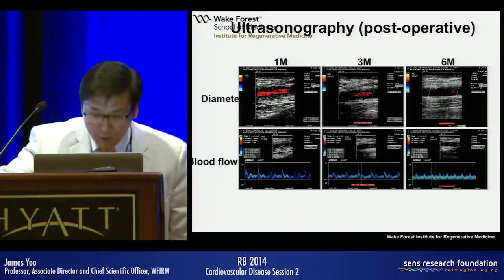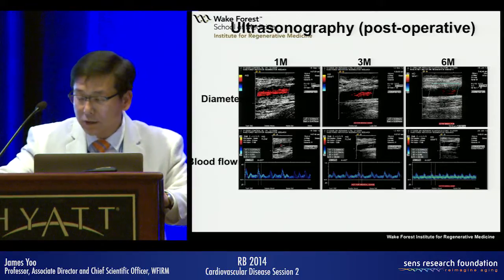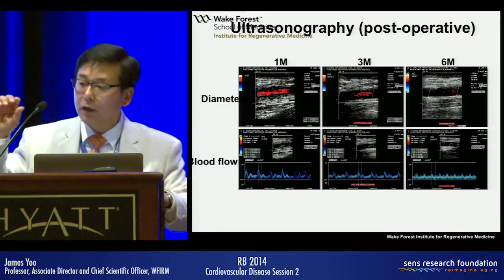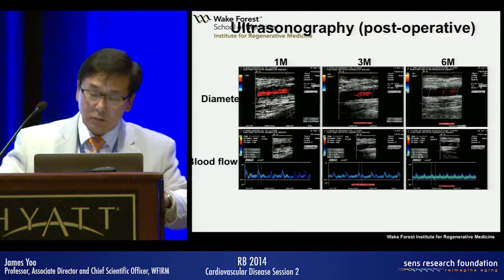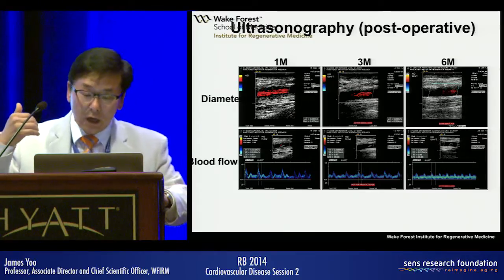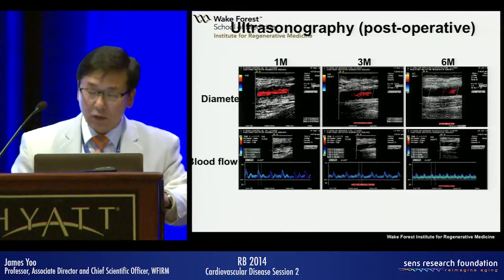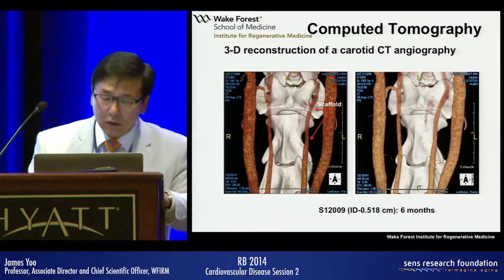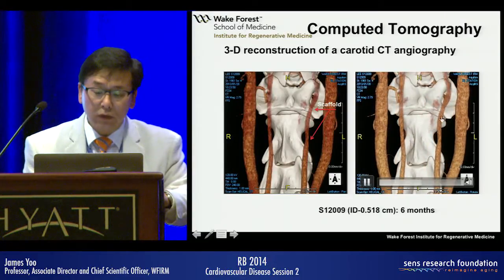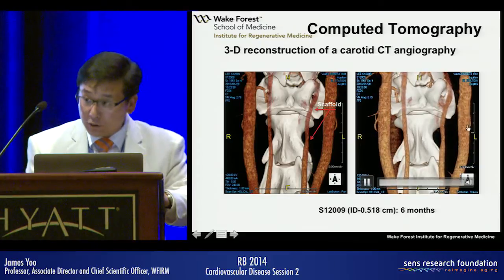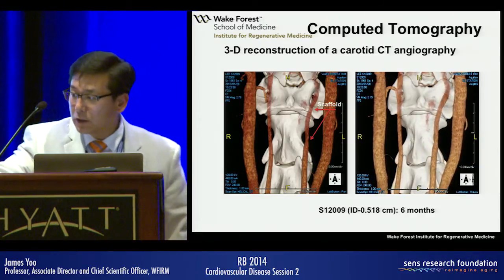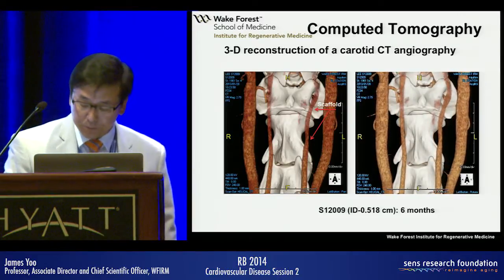As expected and anticipated, we were able to see the implanted vessels maintaining their patency as well as flowing the blood in a normal manner. CT scan also shows the implanted scaffold, with heparin conjugation only, is able to maintain its caliber and size.